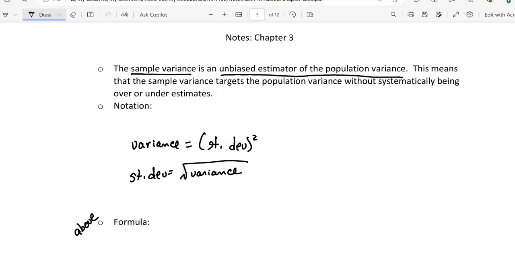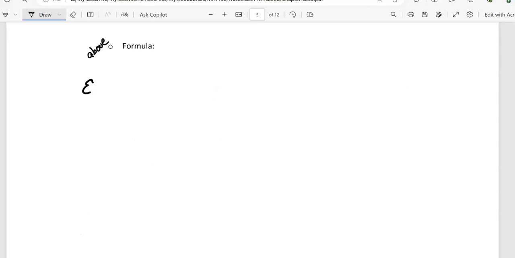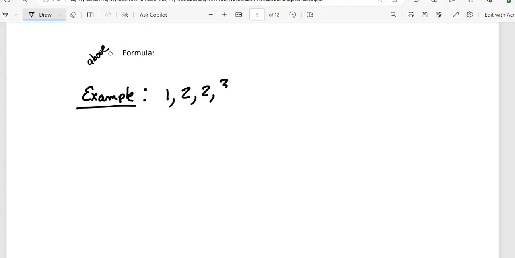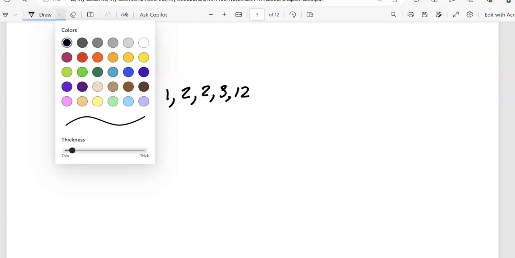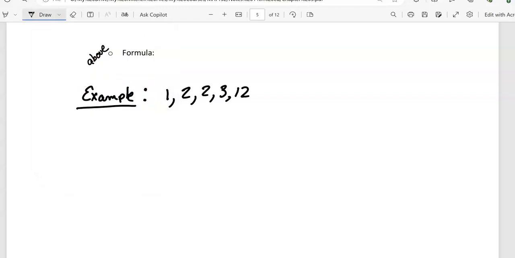Now, let's look at an example. So let's say we have a data set that consists of these numbers: 1, 2, 2, 3, and 12. And we want to find the standard deviation.